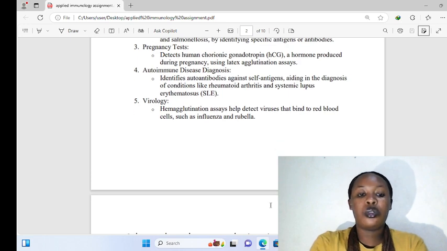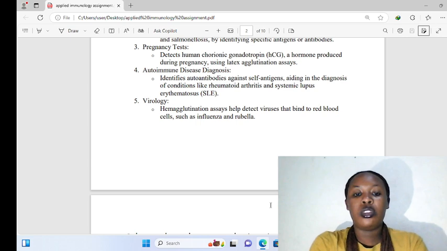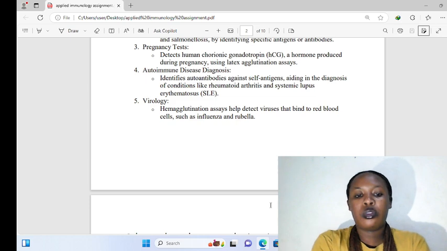It is also used in autoimmune disease diagnosis, where it identifies autoantibodies against self-antigens, aiding in the diagnosis of conditions like rheumatoid arthritis or systemic lupus erythematosus.